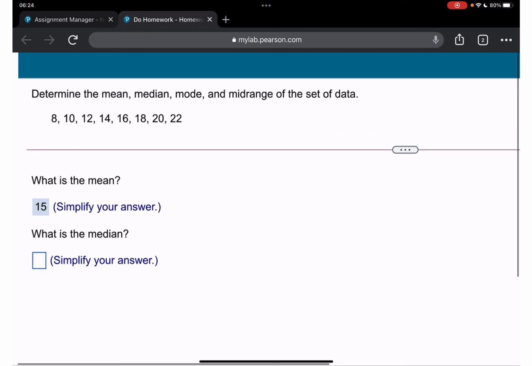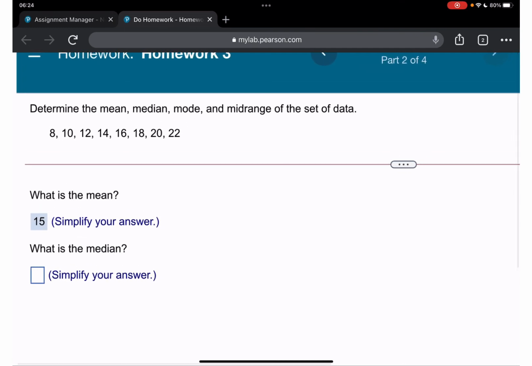Nice work. Now median, right? Since we have them in ascending order, 8 elements, 8 divided by 2 is 4. So 8, 10, 12, 14, 4 elements. Hold on, 1, 2, 3, 4, 5, 6, 7, 8. Okay, when we have a total of 8, it's an even number, right? So in that case, I'm going to take the middle two positions, which are 14 and 16.